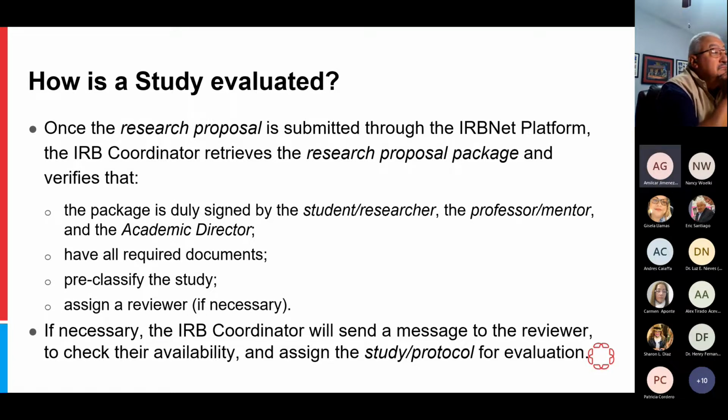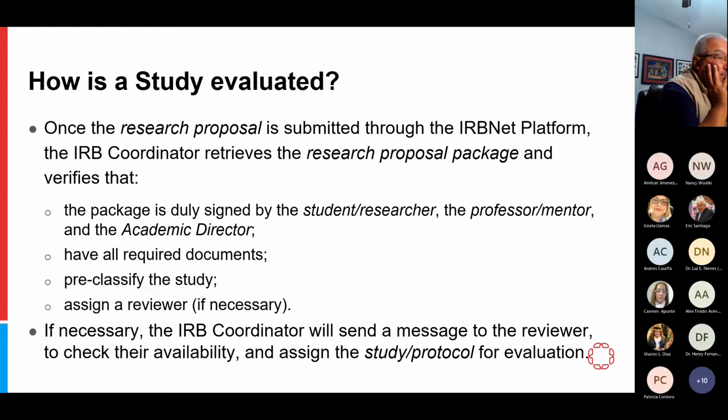In the case of the nursing program, probably Dr. Welke, the program director, will also have to sign the packet, or Dr. Kayafa, because we have established it that way. Another thing I will be verifying is that all the required documents are there. I will pre-classify the study and assign a reviewer if necessary.